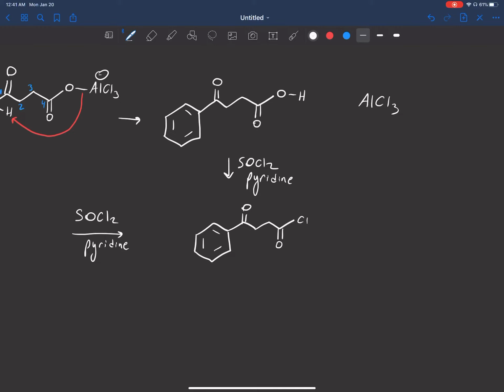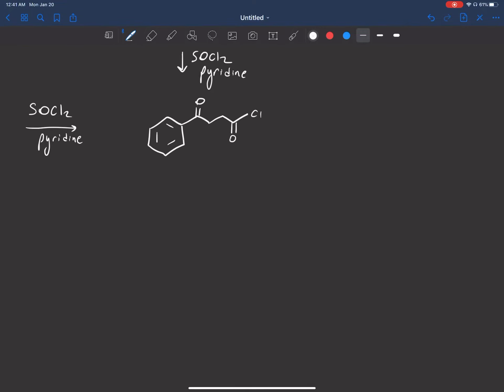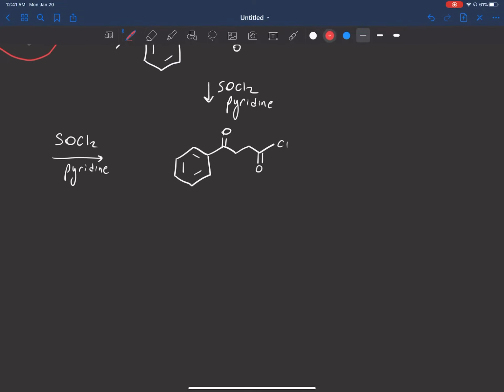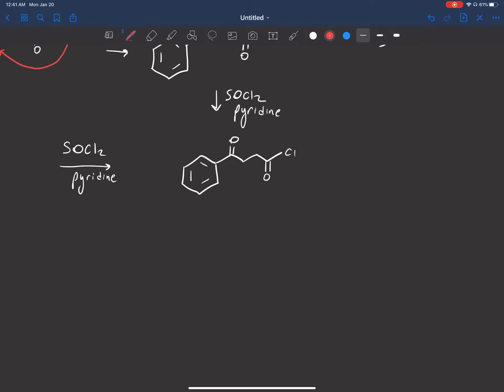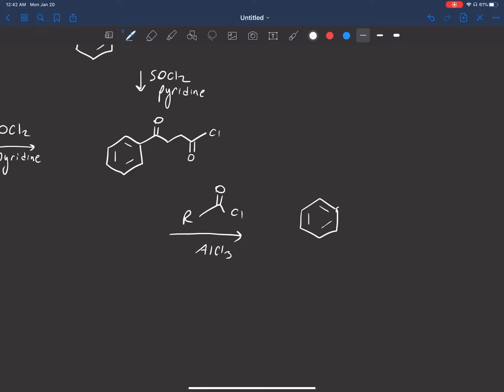Why do I say it could be useful? Well, what I could do is, if you guys remember your Friedel-Crafts reactions, right? We react this sort of structure, chlorine, R group, with AlCl3, and what it does is it sort of attaches this to benzene, kind of wipe away the chlorine.